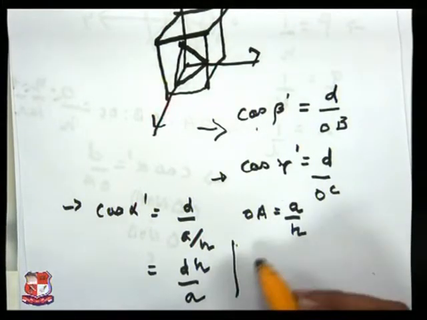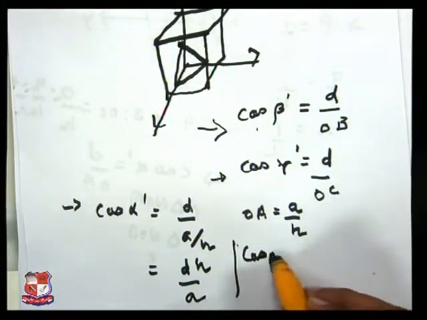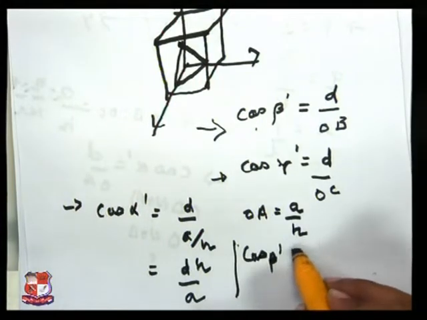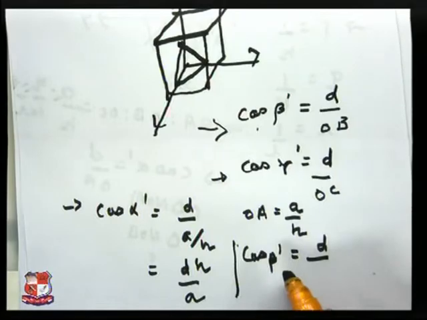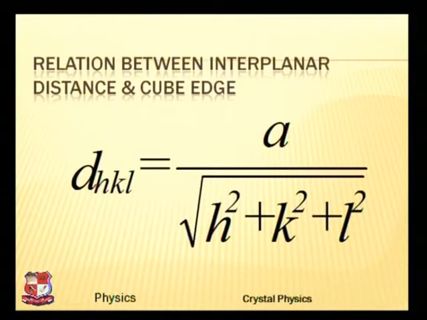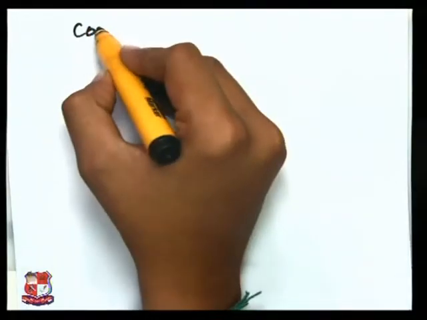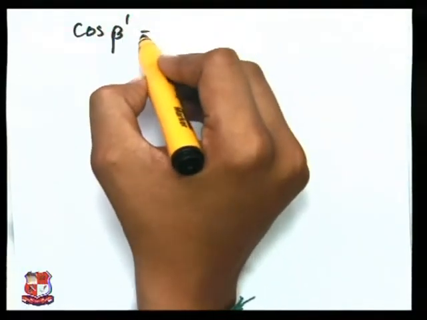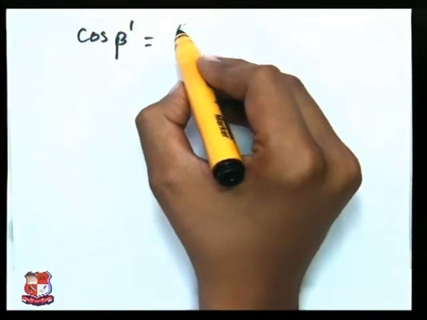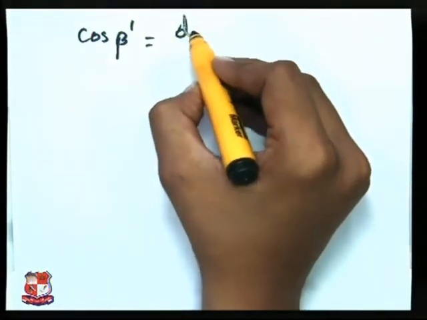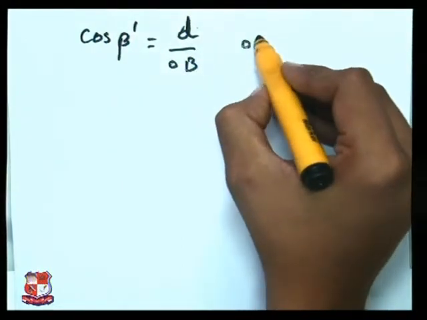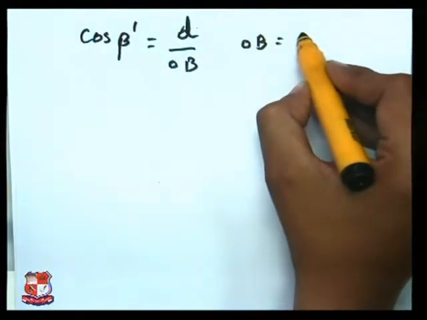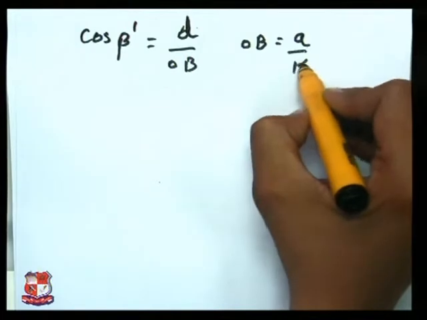In the same manner, cos beta dash is equal to d upon OB, and OB is equal to a upon k.